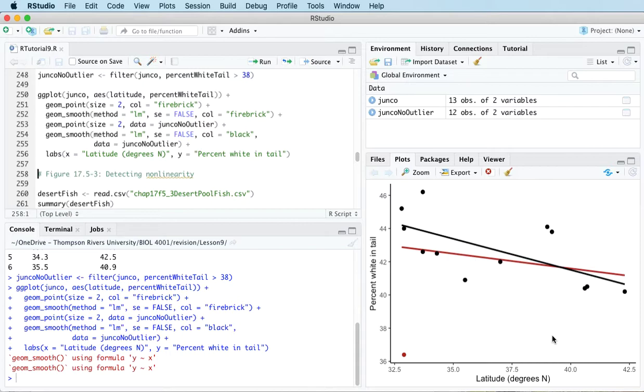The next question is what to do, and that's a challenging question because it's not clear what we should do at this point. The first thing I would probably do is go back and look at the data, maybe ask the researchers who collected the data, is this value correct? It doesn't seem to fit the pattern in the rest of the data, so maybe there's a mistake here.